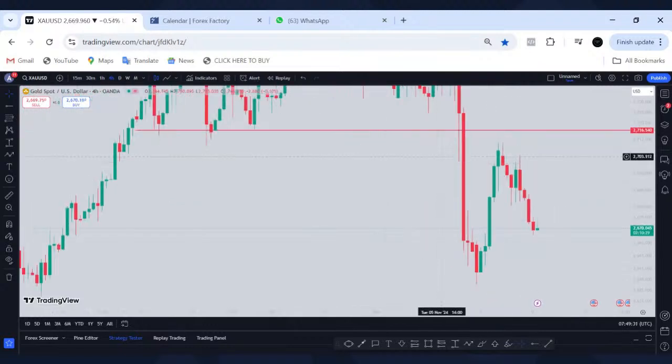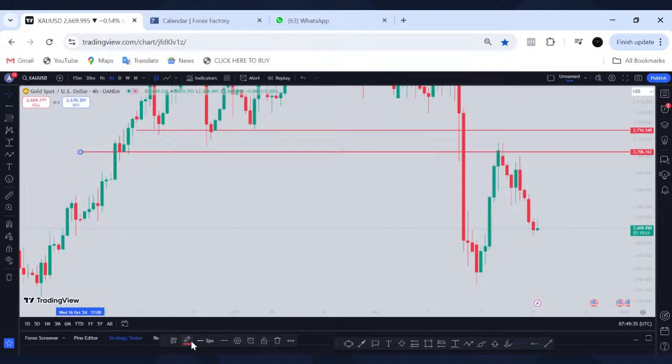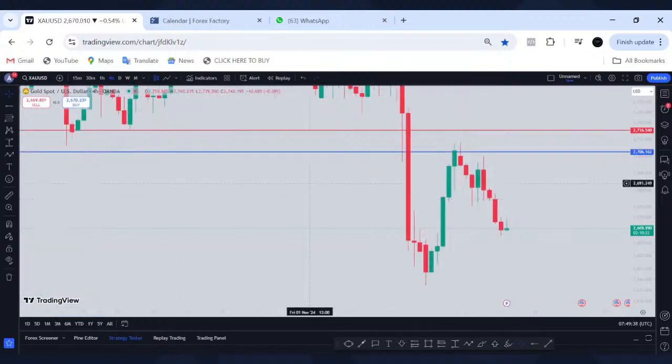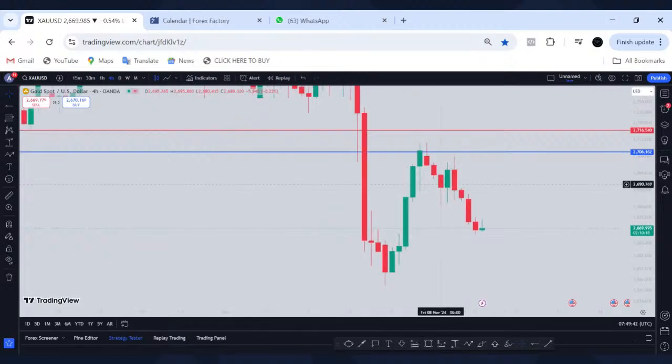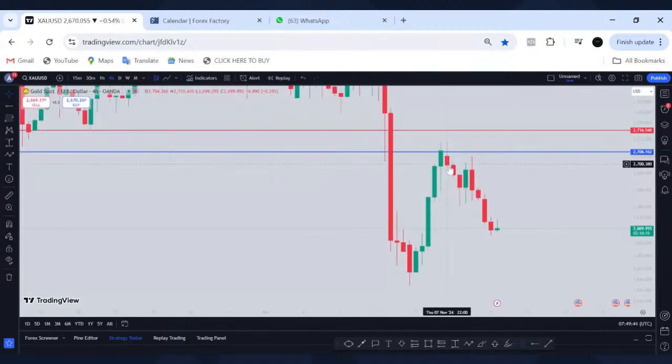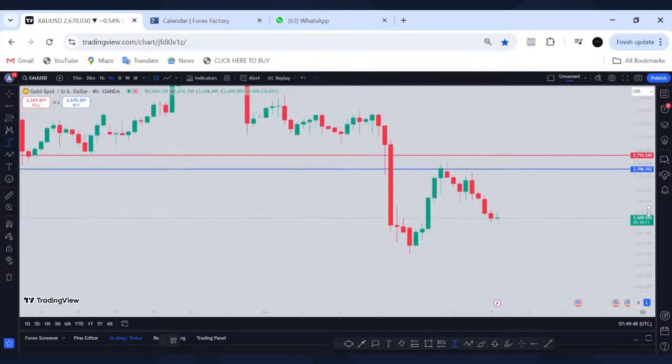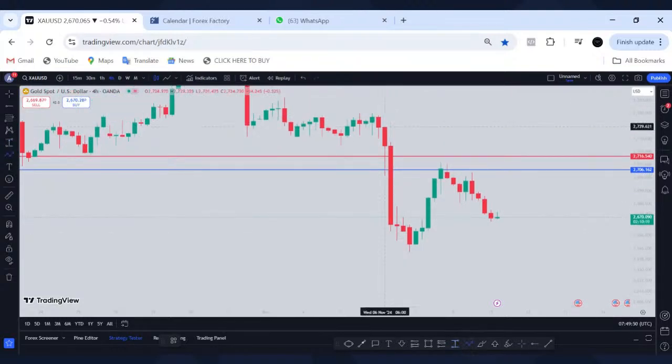Price created a support over here. You get it? It's created a support over here at the H4 time frame. So the moment this candle closes, this point is going to be the entry, because the H4 time frame is a downtrend. Price broke out, made a retest.